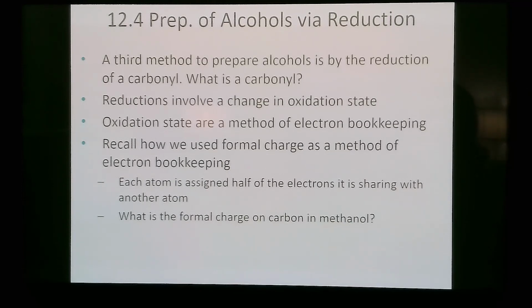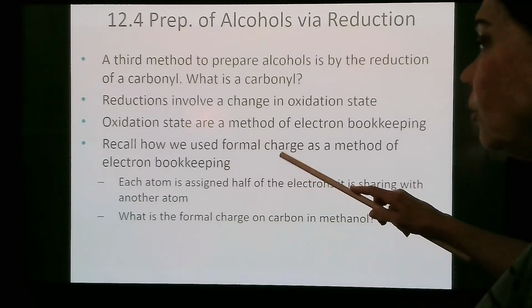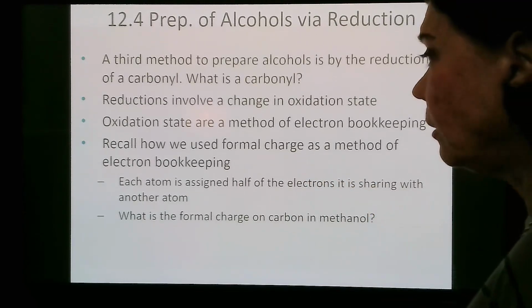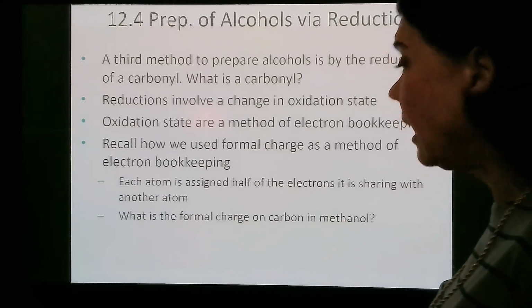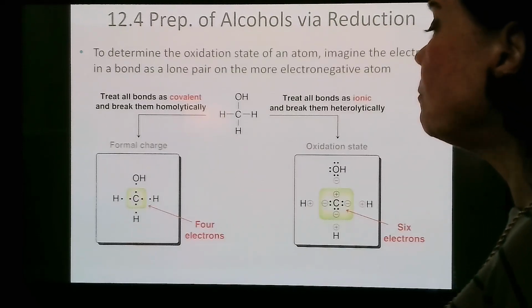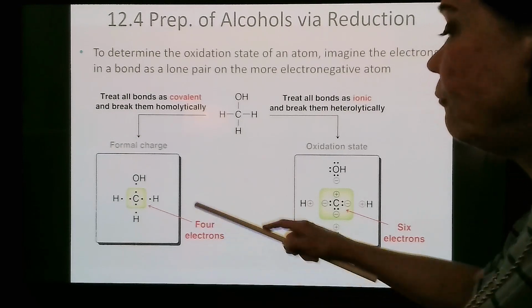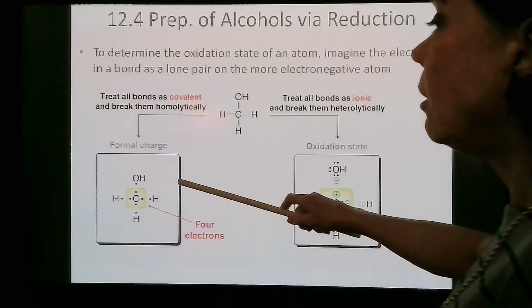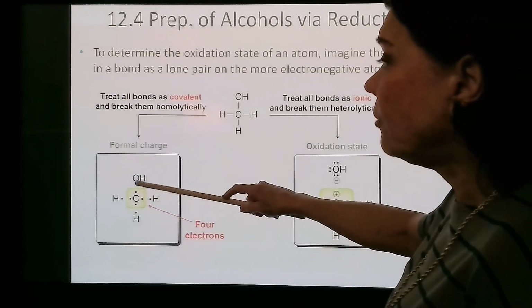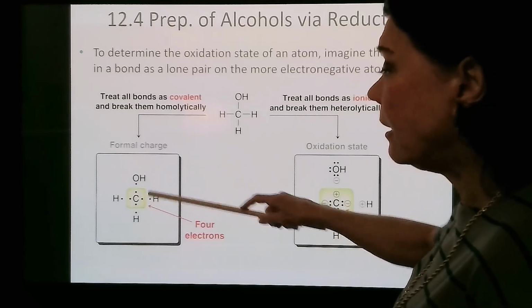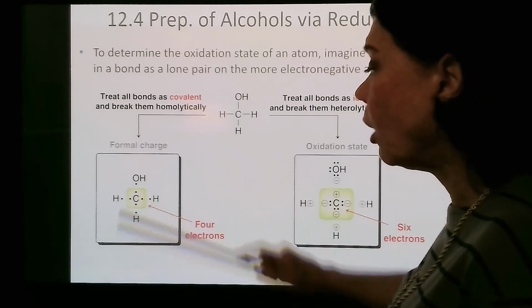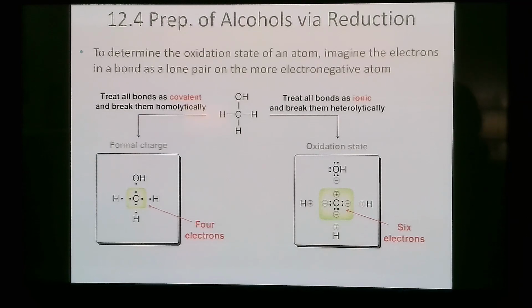So what do we mean by reduction? We can look at formal charges, and we can look at oxidation states. And so you may remember that to look at formal charges, you regard each of the bonds as covalent and break it homolytically, and you can see that the carbon is left with 4 electrons.